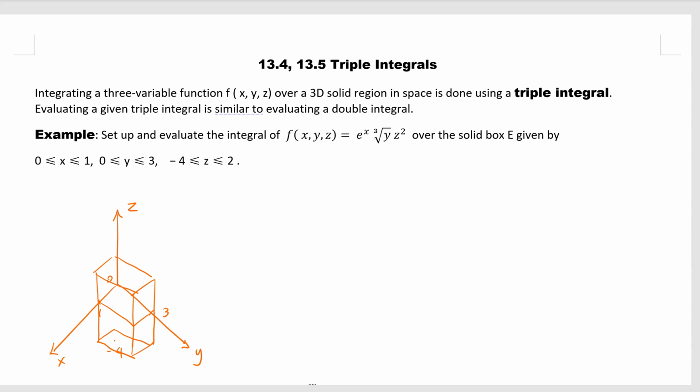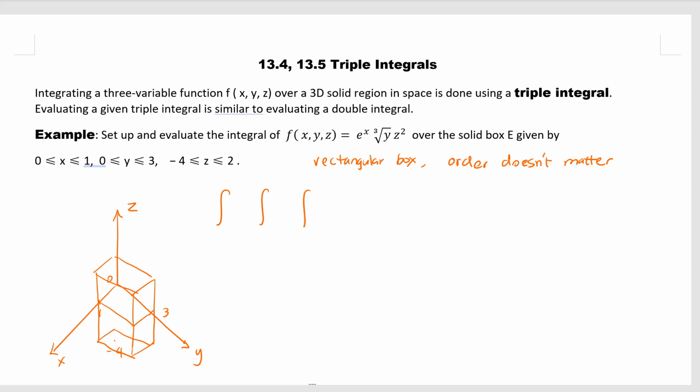And here, because it's a rectangular box in space, the order doesn't matter.